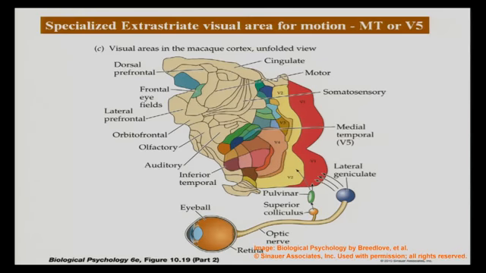And people have gone on to show that when you record neurons in this area, they respond preferentially to the movement. When you specifically inactivate this region, monkeys are not able to make smooth eye movements to follow a moving object, for example. But they were able to actually recognize colors and such like, right?